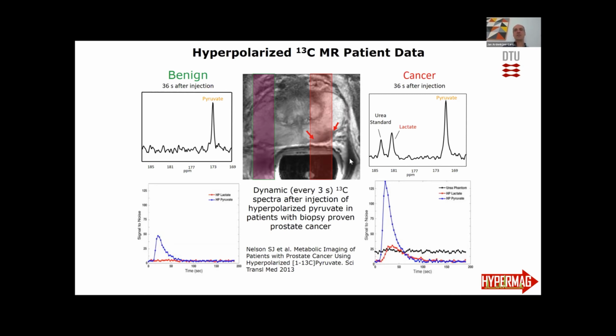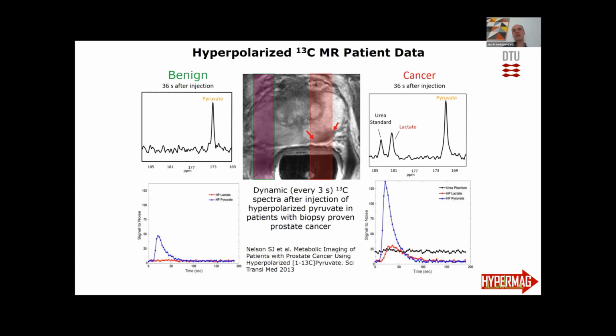And here you see that in this case, this patient received a pyruvate injection, and this was just done without any spatial encoding, except for 2 slabs being acquired. You see the dynamic traces on the lower left and right from a slab through the normal prostate and one through the slab with the tumor.